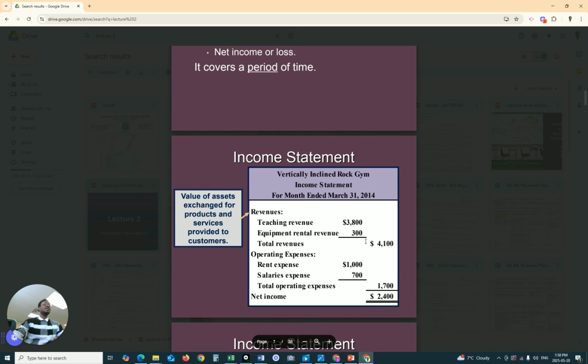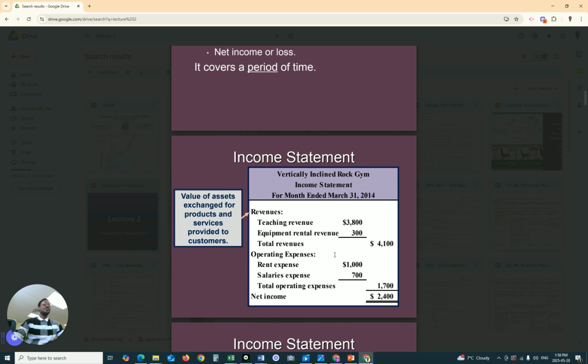The income statement shows revenue, like for a school, for instance, the teaching revenue, equipment rental revenue, sales of inventory. They are general revenues of an organization.